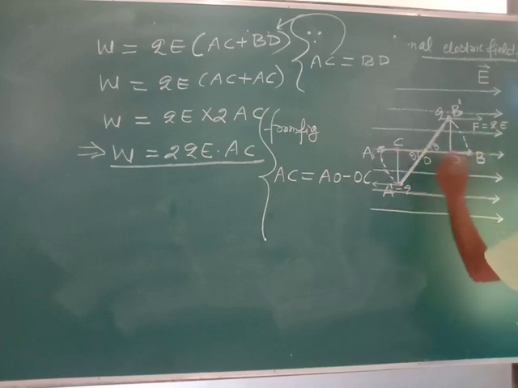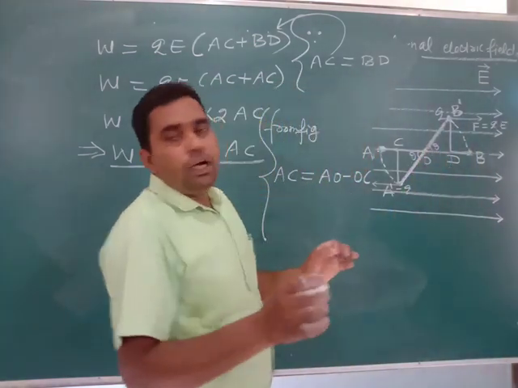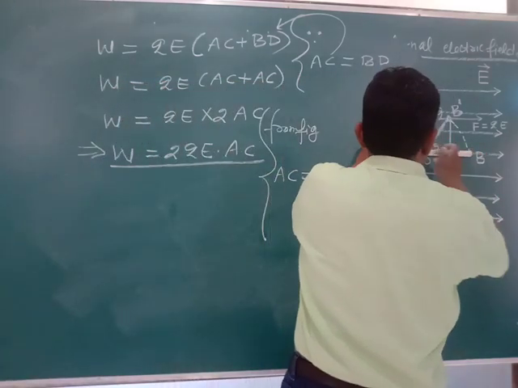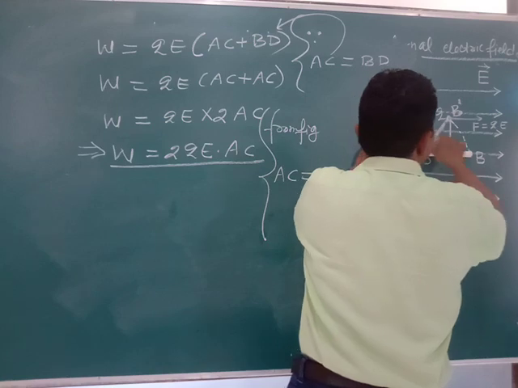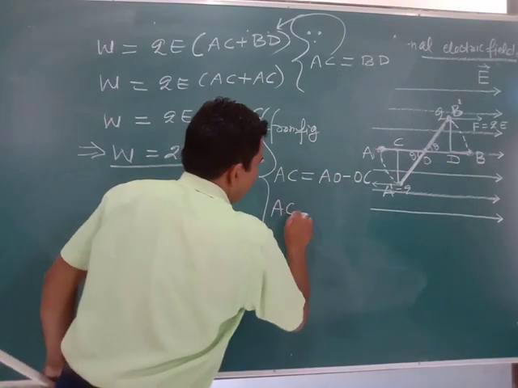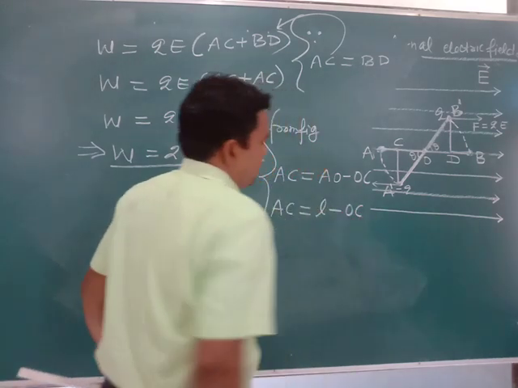The value of OC is subtracted from the total value of AO, which is the half length of the dipole. From the midpoint, half length of the dipole to the left, half length of the dipole to the right. So AC is equal to L minus OC.